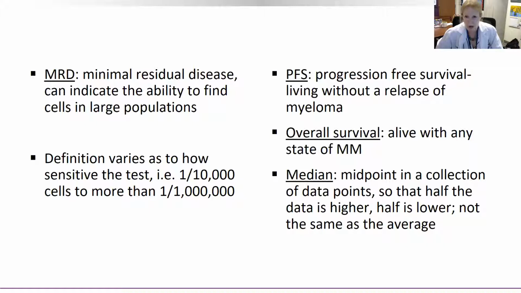So right now in myeloma, the bar has been set by the International Myeloma Working Group to try to use tests that are sensitive to at least pick up 1 in 100,000 cells. And many of the tests advertise themselves as perhaps being sensitive to pick up as little as 1 in 1,000,000 cells. So that's something to keep in mind when you're taking a look at some of this, is how sensitive the test is.